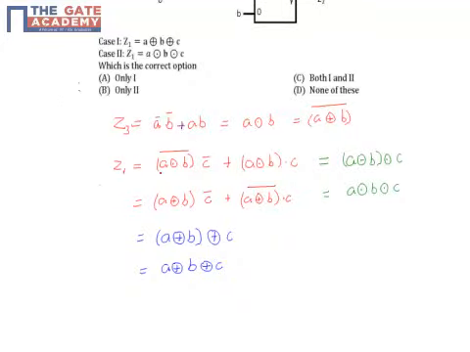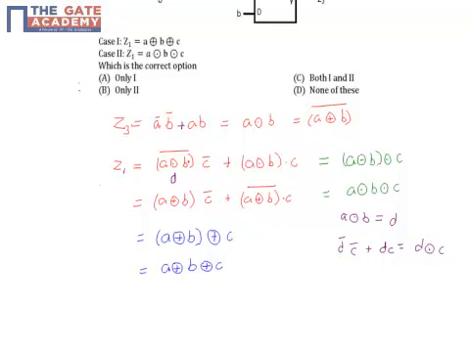The equation for Z1 would be A XOR B bar times C bar, because the select line for Z1 is A XOR B, plus A XOR B times C. So if I assume A XOR B is equal to D, what we would get is D bar C bar plus DC, which would be equal to D XNOR C, which is nothing but A XOR B the whole XNOR C.